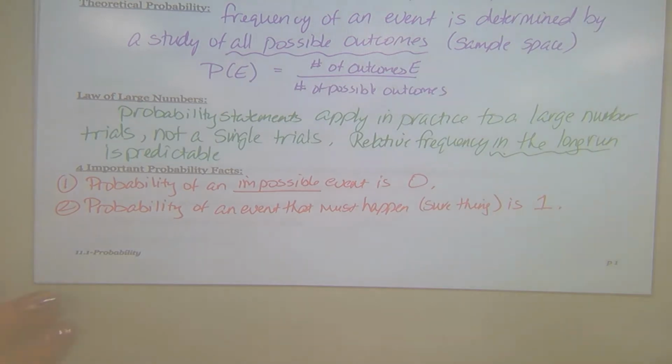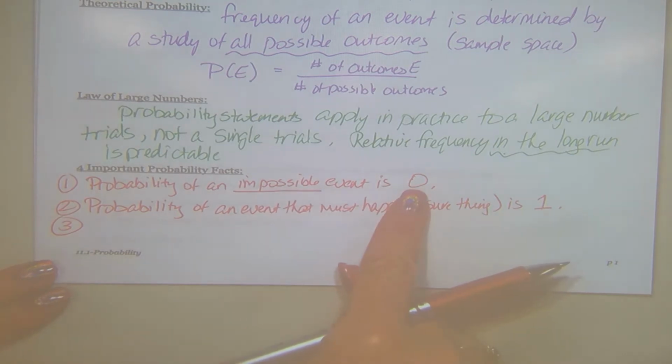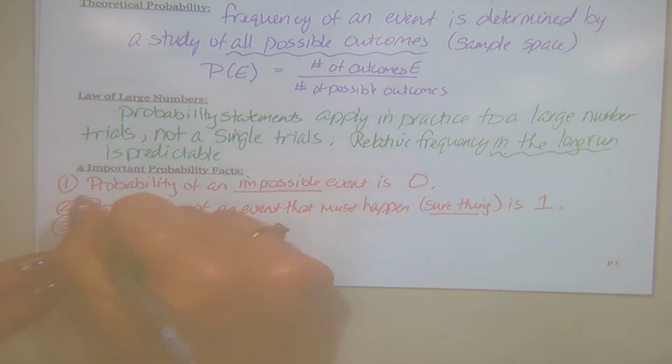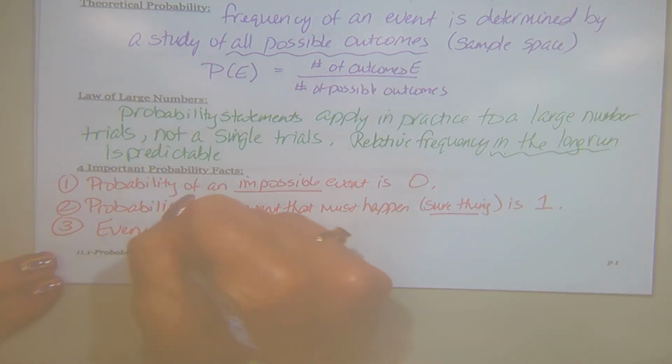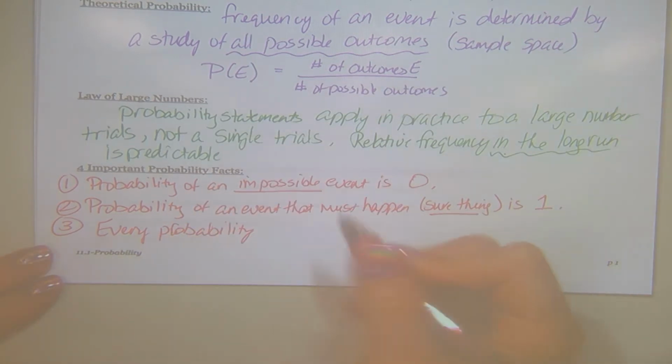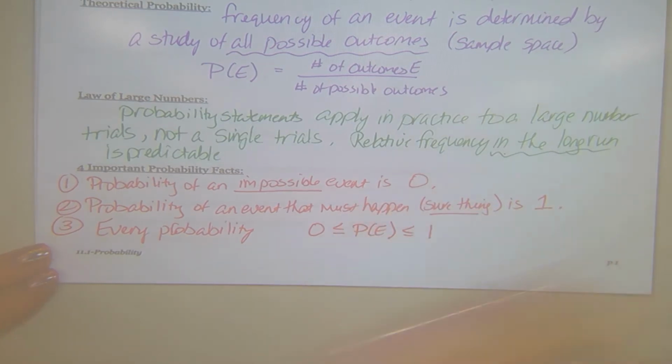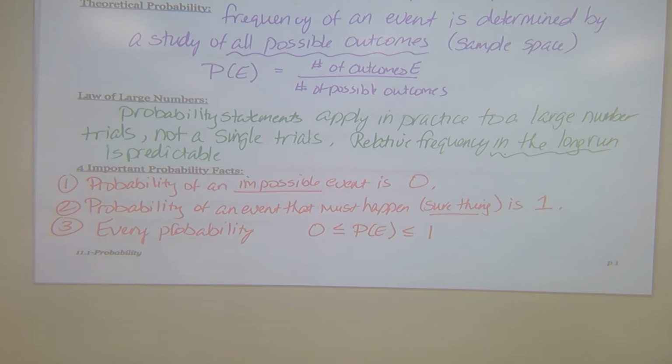All right, number 3. Since number 3 comes from these two, if the probability of an impossible event is 0 and the probability of a sure thing is 1, that means that every probability possible falls between that. 0 is the least possible probability of an event, and 1 is the greatest possible probability of an event.